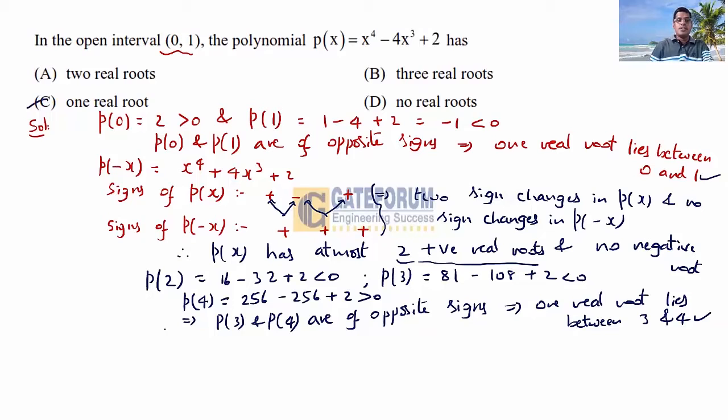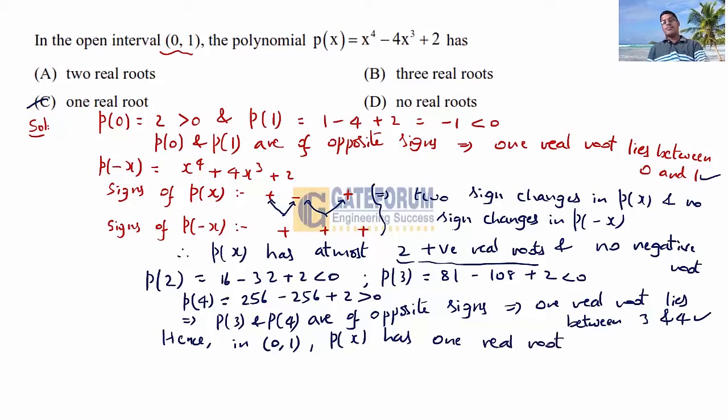Automatically C. Hence, one root lies in 0 comma 1, and the other root lies between 3 and 4. The polynomial P of x has two real roots. So the answer is two real roots. Accordingly, the option is C. This is the end of the question.